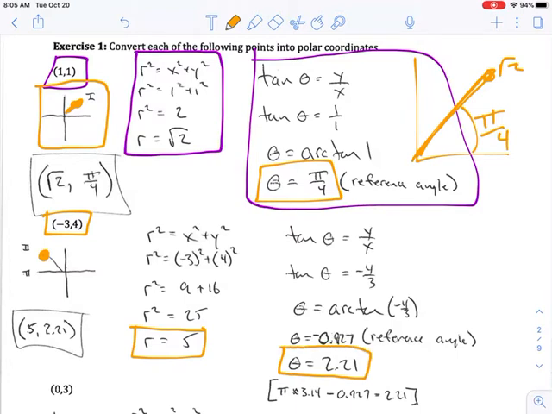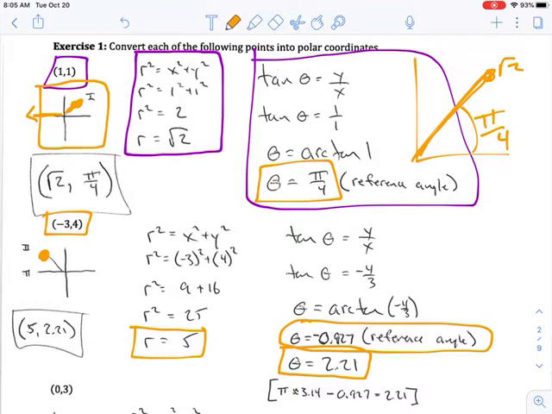And this was theta is equal to a negative 0.927, which again we're going to consider to be a reference angle. Now, this is a little bit more obscure. Where exactly is an angle of 2.21? Is this in the quadrant where we need it? Well, if we're thinking of this in terms of radians, remember that the negative x-axis over here is pi radians, and that would be 3.14.